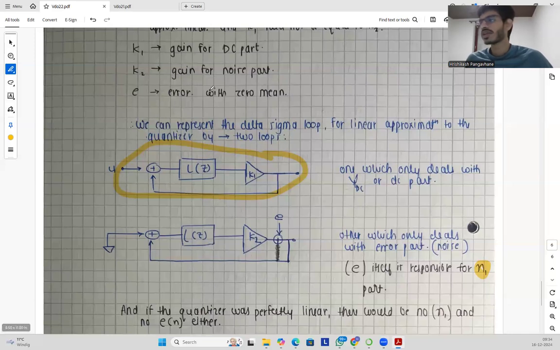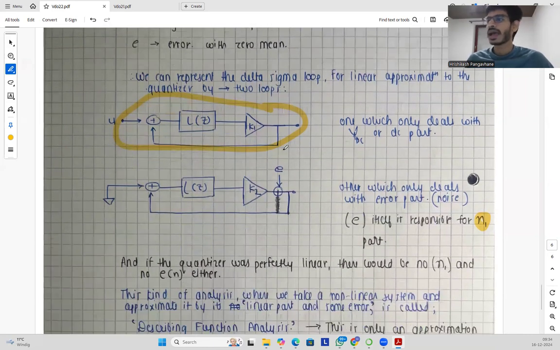So we can represent it by two different loops just for the sake of making the non-linear quantizer approximately a linear block. And if the quantizer was perfectly linear, there would be no N1 part and no E part either, because if you go back and recall, this came from the difference of the input and the output of the quantizer itself. If the quantizer was perfectly linear, there would have been no E, and as E itself is responsible for N1, there would have been no N1.